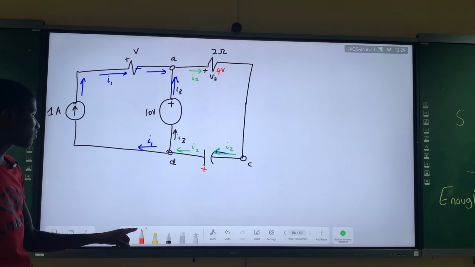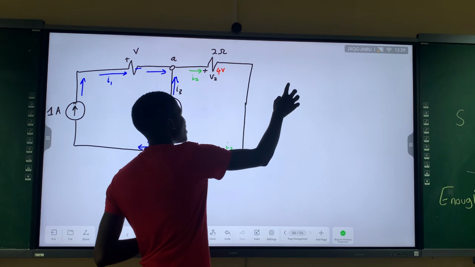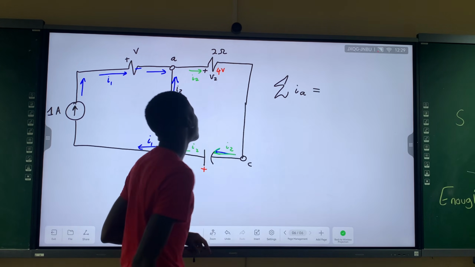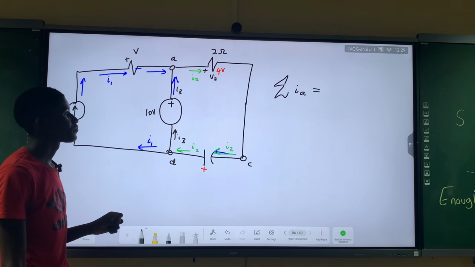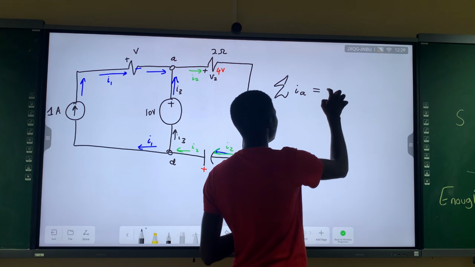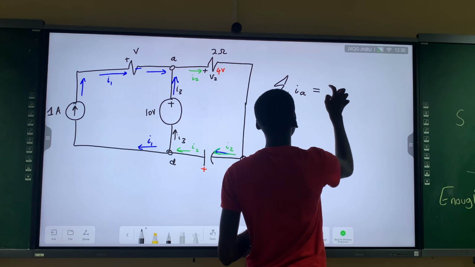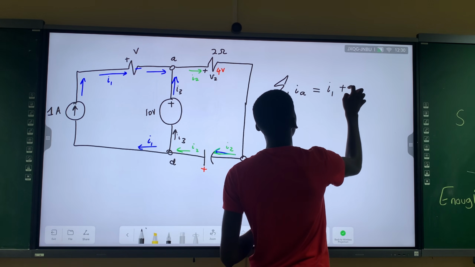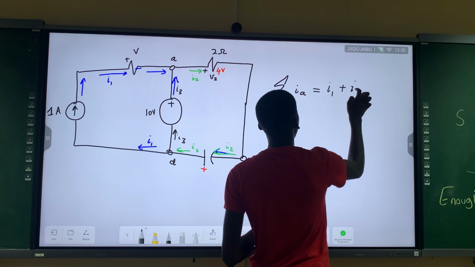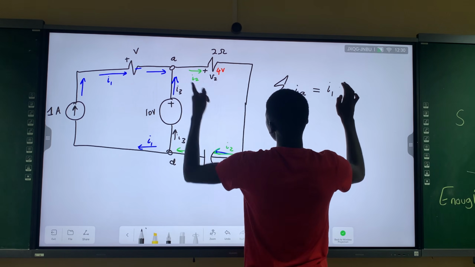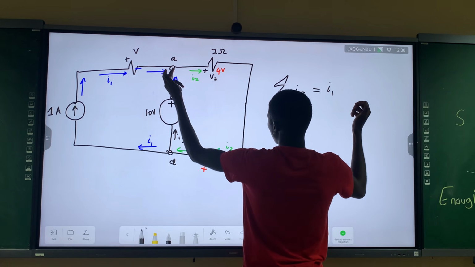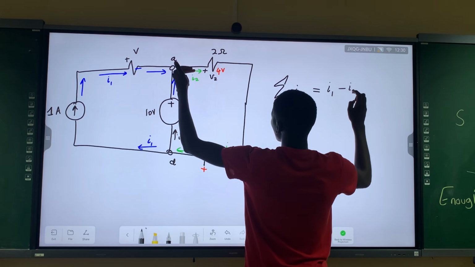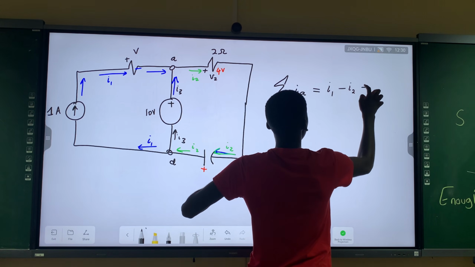If we look at node A and we say the total of the currents through node A, what do we have here? I1 is positive. And then plus I3, or if you want to start with I2, but I2 is leaving, so it's a negative I2 and then positive I3.